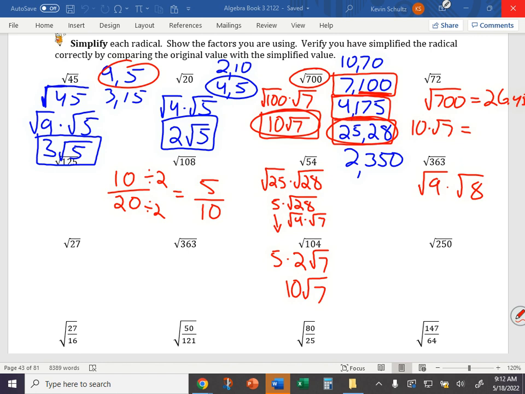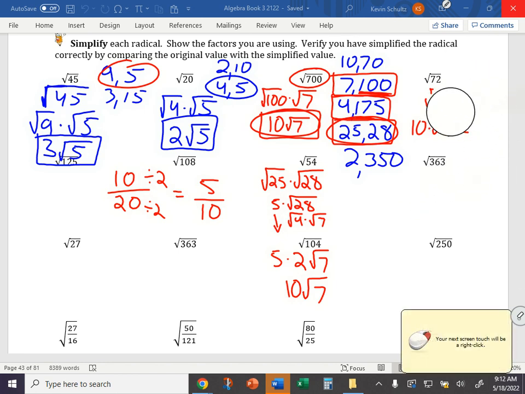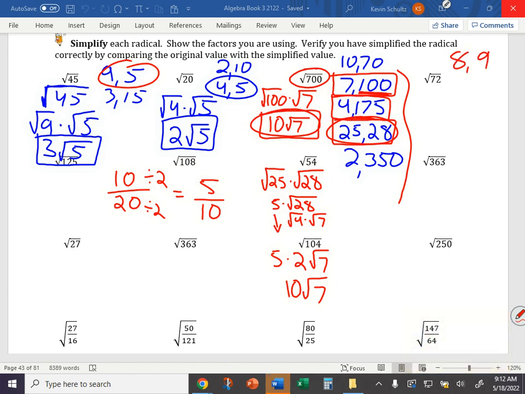Okay. Yeah. What is 72? Okay. Look at 72. What are some perfect square factors? We already know that 8 and 9 is a factor pair with a perfect square. What else? Vince? 36 and 2. What else? 6 and 12.